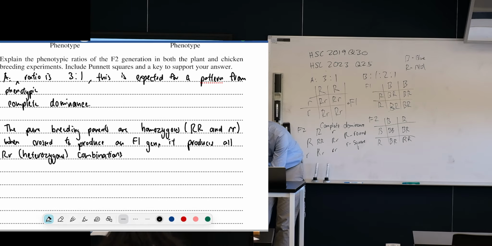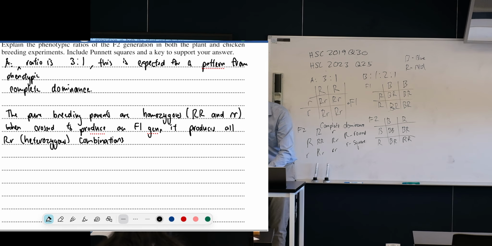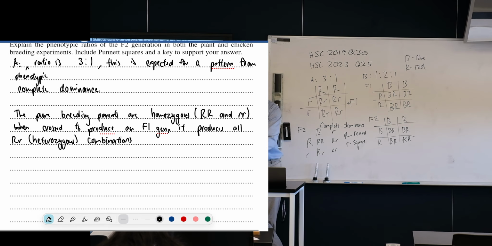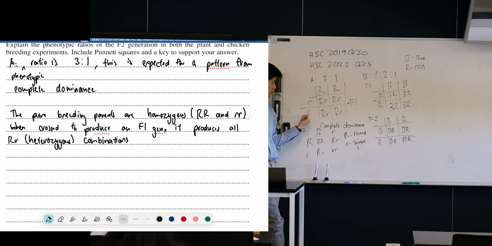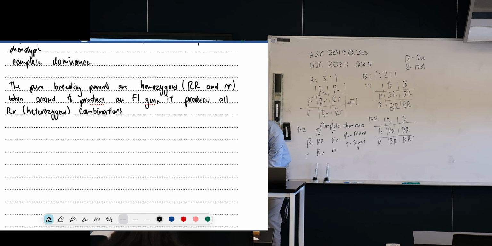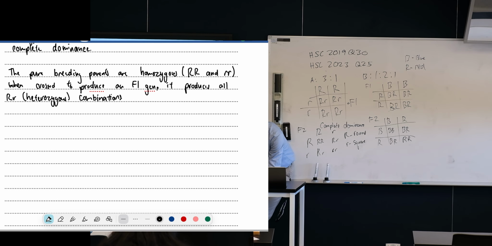Now, it says include Punnett squares, so I probably should also include a Punnett square for this first cross as well. I won't do that because I've already done it on the board, but just for the sake of writing it down, I'll write down the F2 cross. When bred for the F2 gen, I'll do my cross, so big R, little r, big R, little r.